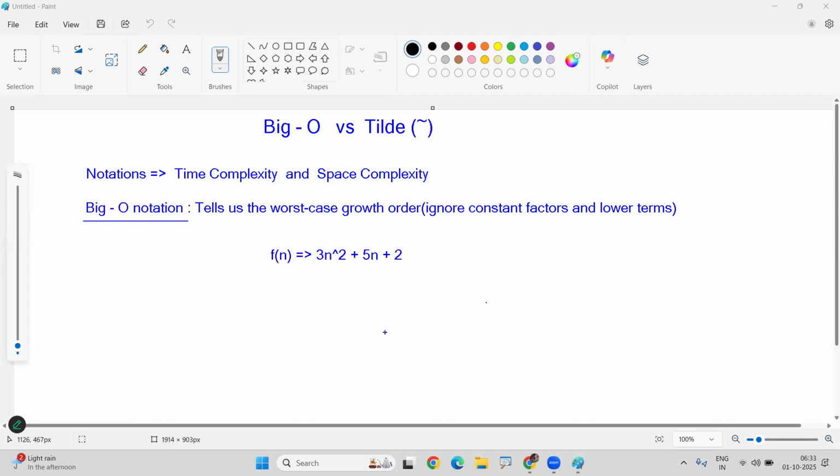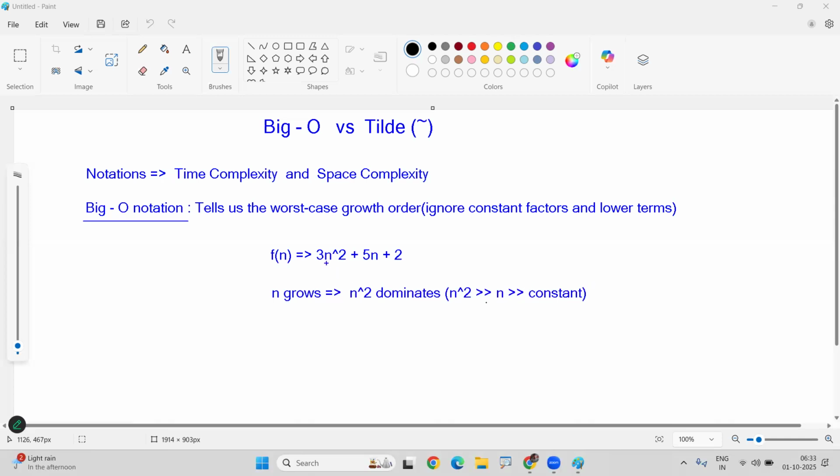Whenever n grows large, n value increasing, n square always dominates n. This is called the lower term, and then the constant factor.